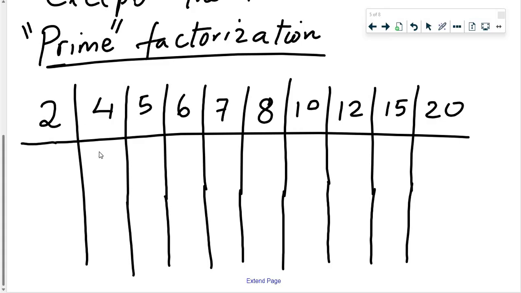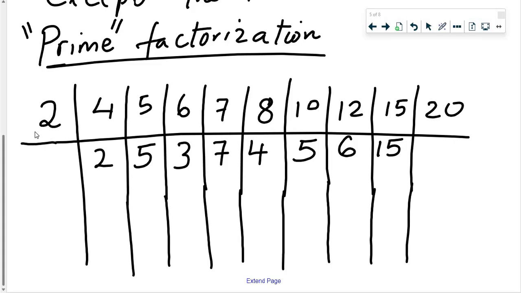So 4 divided by 2, that is 2. 5 divided by 2, not possible, so copy paste 5. 6 divided by 2 is 3. 7 divided by 2, not possible, copy paste 7. 8 divided by 2 is 4. 10 divided by 2, 5. 12 divided by 2, 6. 15 divided by 2, not possible, copy paste 15. 20 divided by 2 is 10.